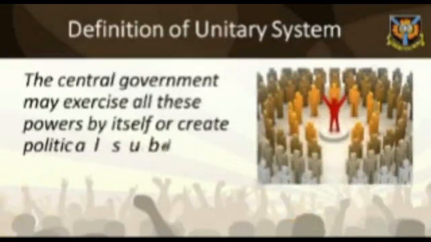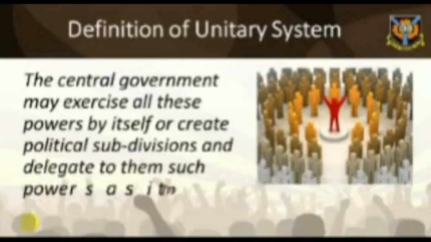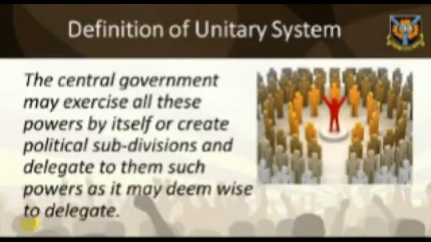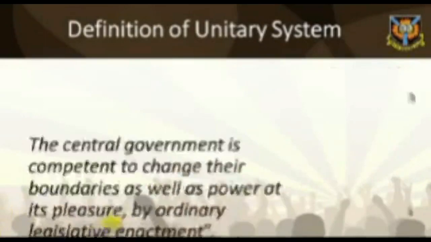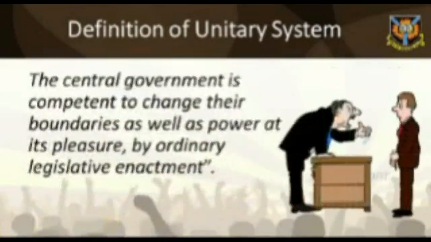The central government may exercise all these powers by itself or create political subdivisions and delegate to them such powers as it may deem wise to delegate. The central government is competent to change their boundaries as well as power at its pleasure by ordinary legislative enactment.